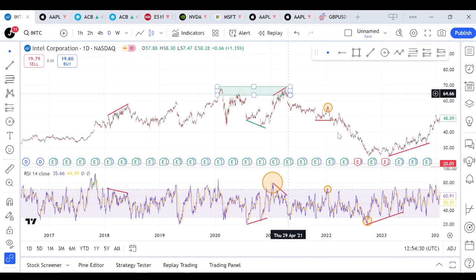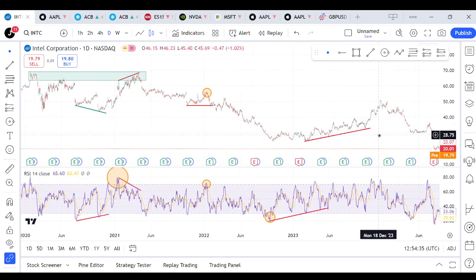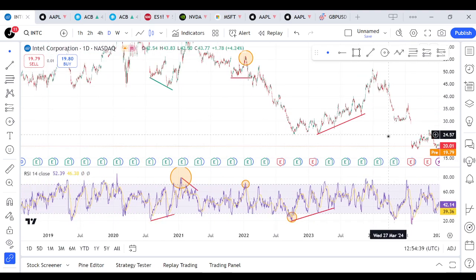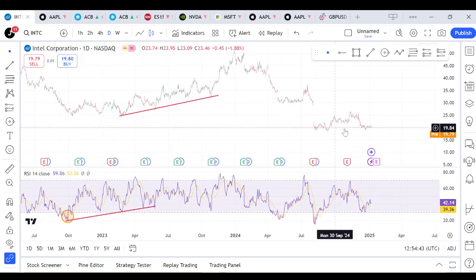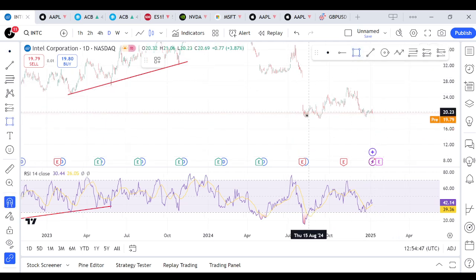So you can see this. After that, we had the push to the downside, and also you can see using this trend line, we had a major area of demand in this area. We have something like a double bottom here.